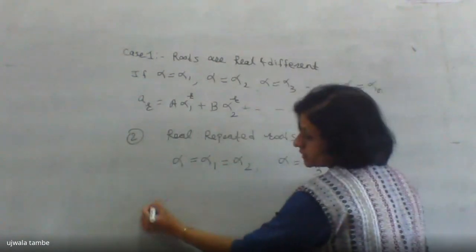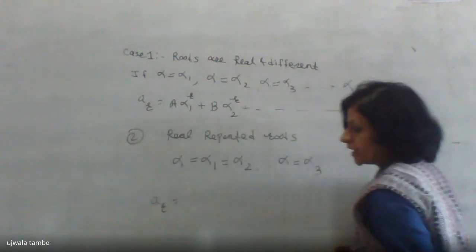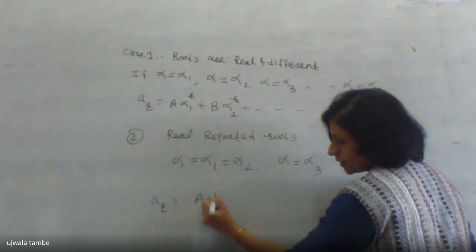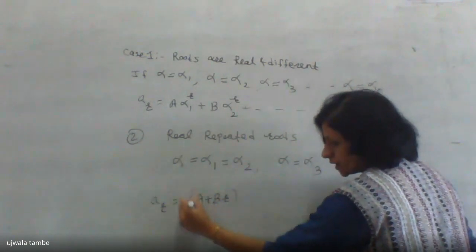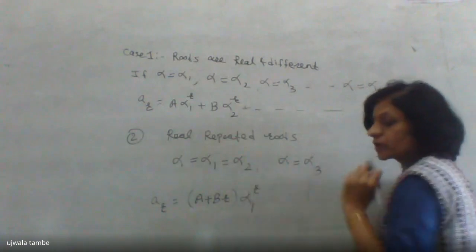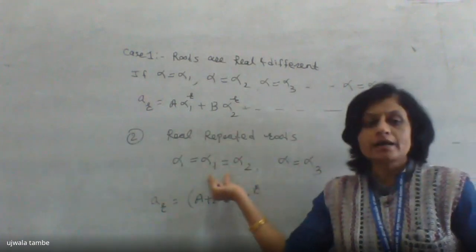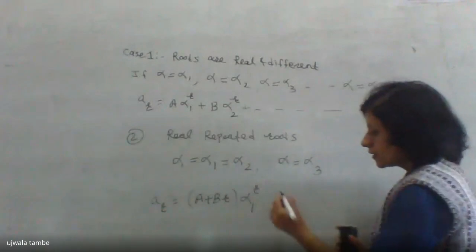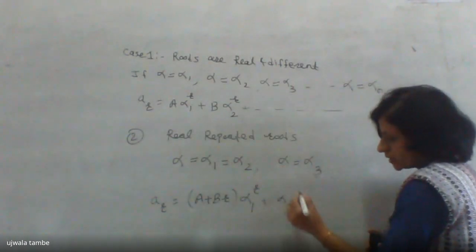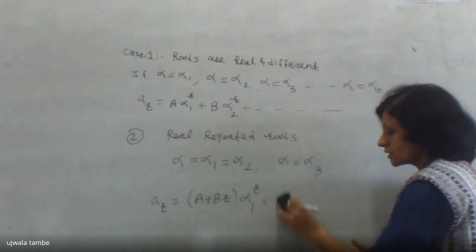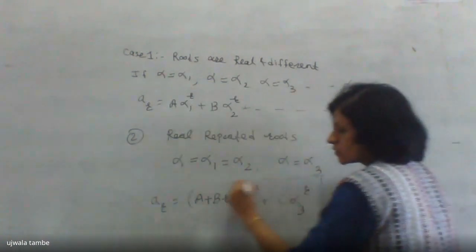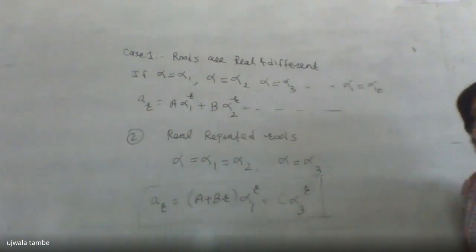Therefore its recurrence relation solution is a_r is equal to (A plus B r) into alpha 1 raised to r, or alpha 2 raised to r because the roots are repeated, plus the non-repeated root alpha 3, with constant C into alpha 3 raised to r. We get the solution of real repeated roots.